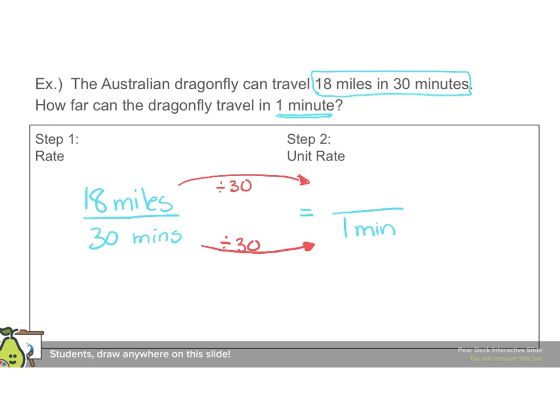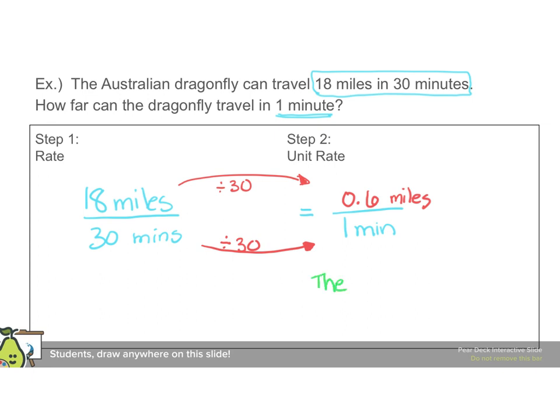You can use your calculator. So in my calculator, I'm going to type 18 divided by 30. And I get 0.6 miles. And that is going to be my unit rate. So how far can the dragonfly travel?